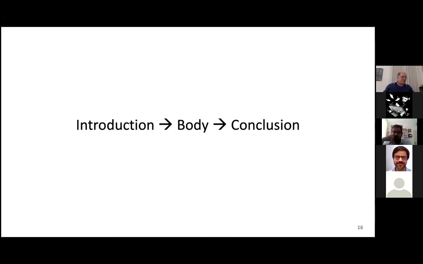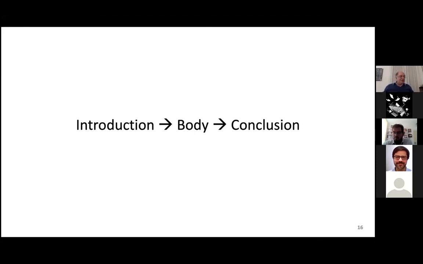And then, of course, the body is the succession of partial obstacles and partial solutions that you are going to explain in order to reach your well-defined objective. It's the path, and this path should be as direct and as clear as possible. And then the conclusion.